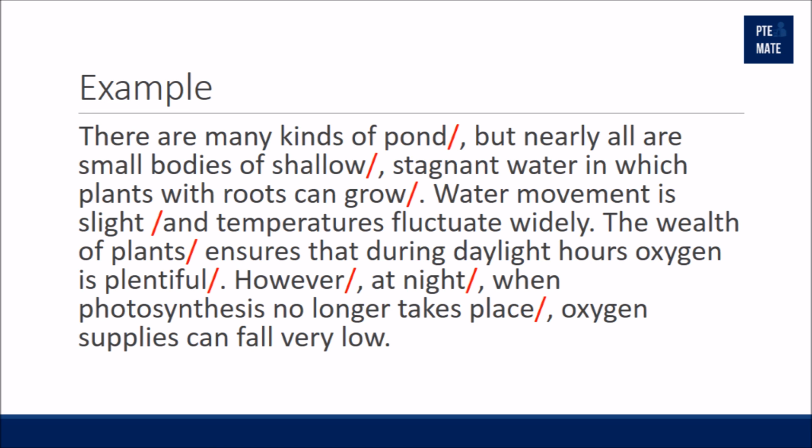So as I'm going through the sentence, I'm pausing at the commas, and sometimes I also pause at words that are slightly different in meaning and slightly not in the same flow. As I'm about to complete the sentence, the tone of my voice changes a little bit. Like I say, in which plants with roots can grow. So you need to be as natural as possible, like you're talking to a mate of yours.